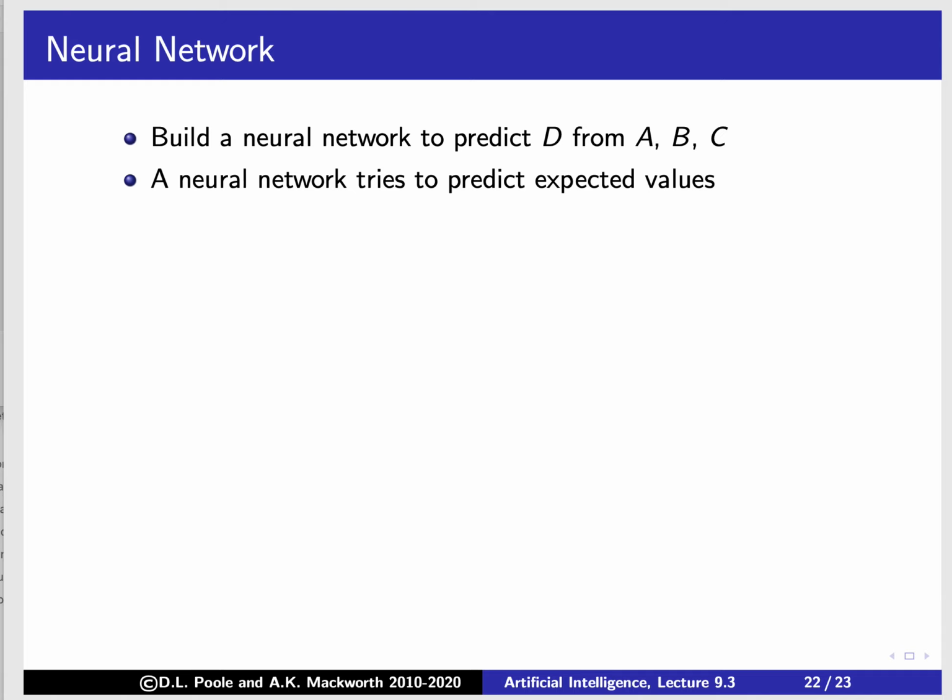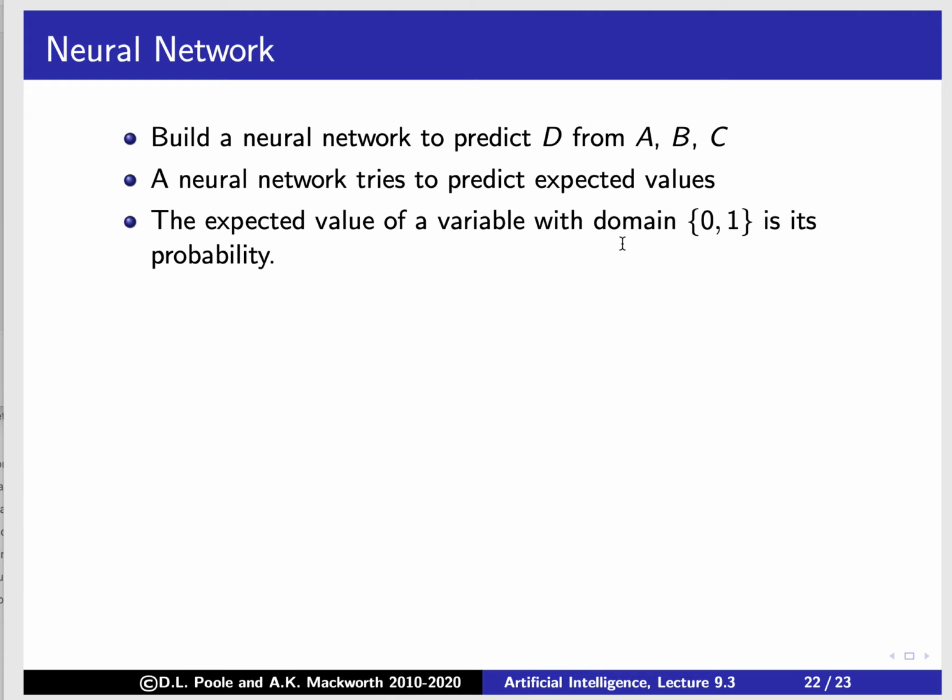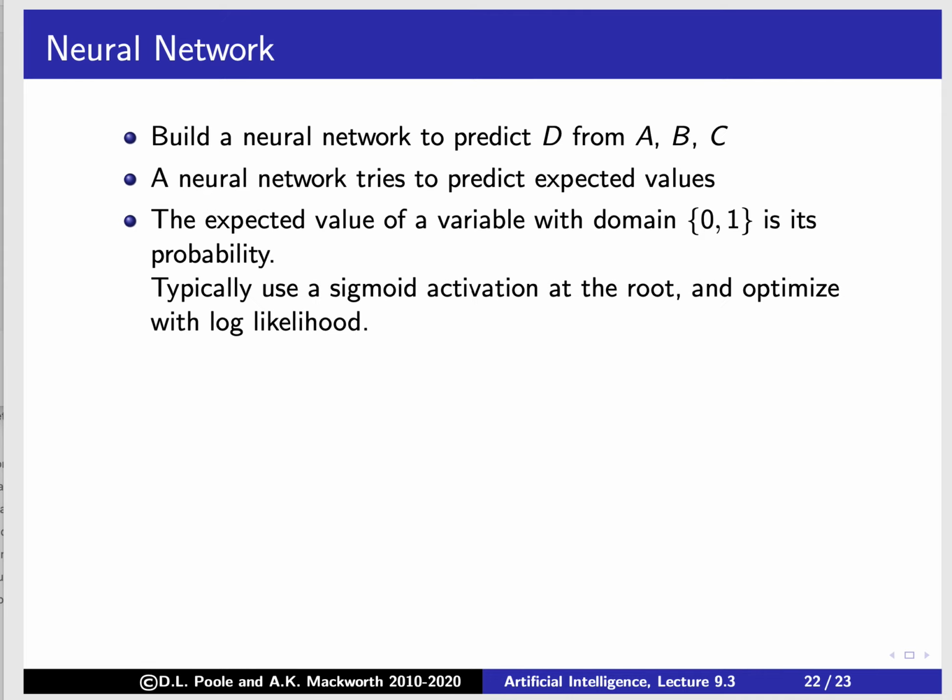So a neural network tries to predict expected values, essentially the average value. Now, the expected value with a domain of 0 or 1 is its probability. So if the expected value is 0.9, it means that's the probability of 0.9. So if you see a neural network with just a 0, 1 output, then it's typically trying to learn a probability. And it's typically using the sigmoid activation and optimizing log likelihood.